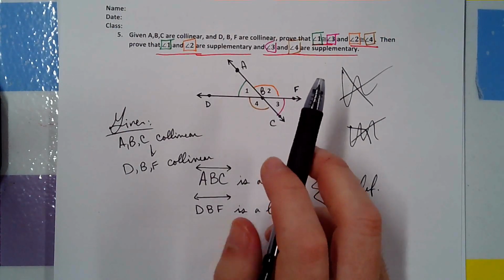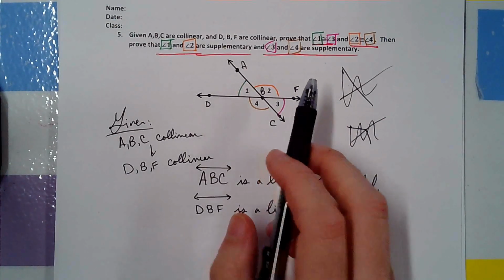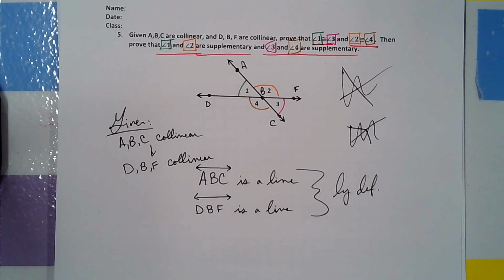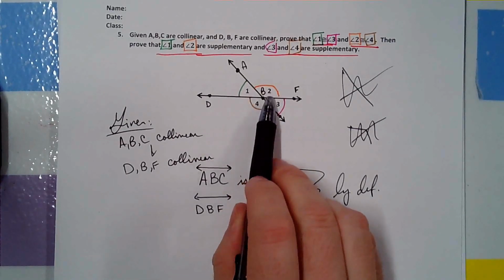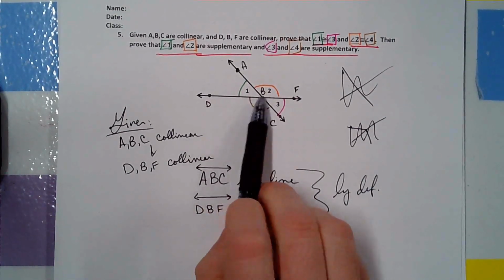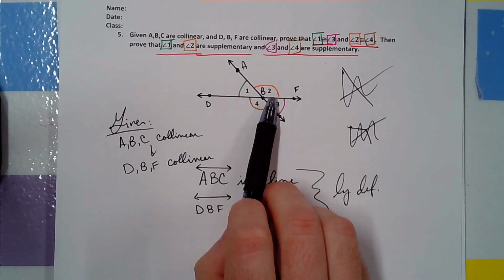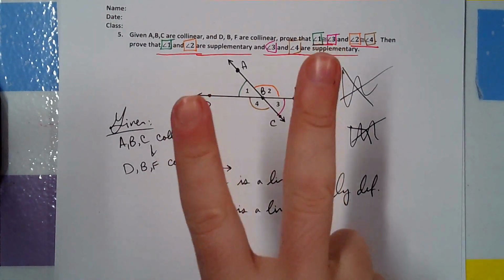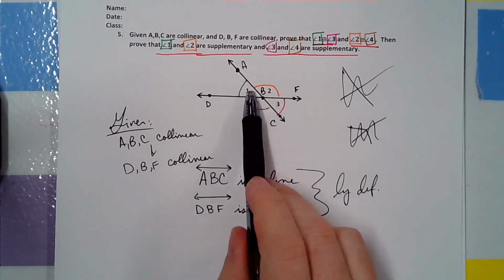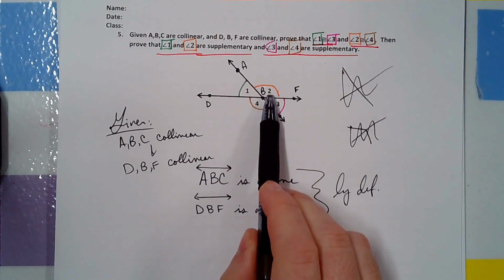The theorem says they have to be. They are adjacent. They are next to each other, but we have a special name for them when they also sit on a line. What word do we always use when we talk about lines? Linear. So they're a linear pair. Remember that? So 1 and 2 are a linear pair by definition because there's two angles sitting on a line. Pair meaning two, linear meaning line. Two angles sitting on a line, so they're a linear pair by definition.